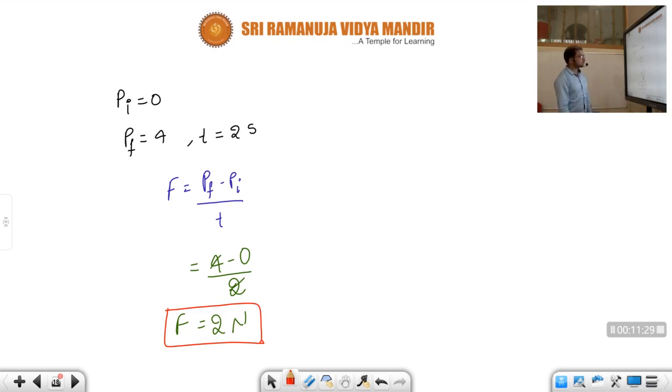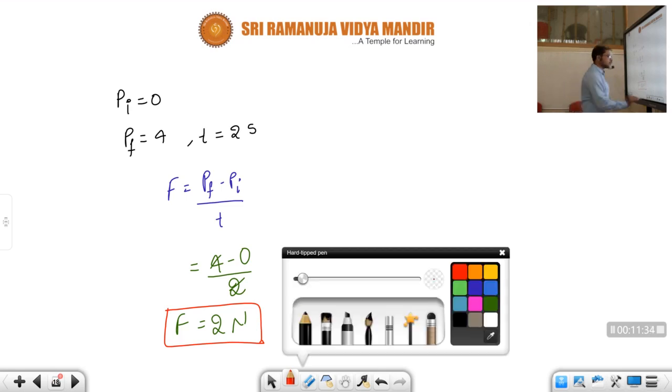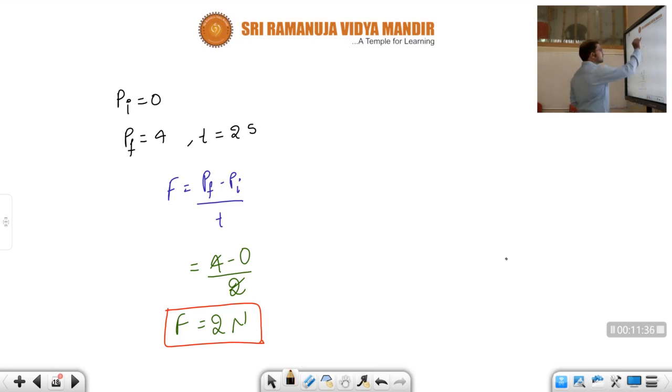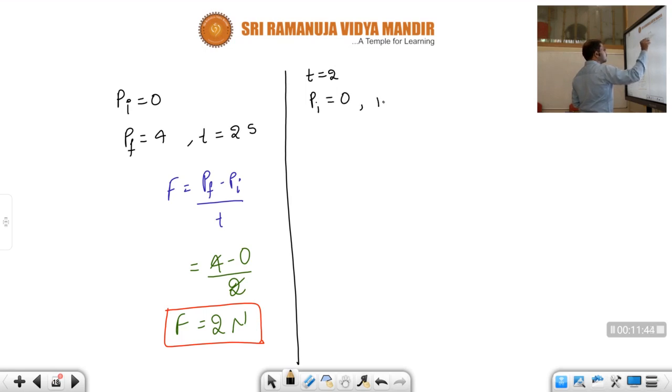Children, keeping the time constant, let us increase the final momentum. I am not changing the time, children. Time t is equal to 2 seconds. Initial momentum I am also not changing, it is 0. But final momentum I increase it. Let us increase it to 8 Newton second.